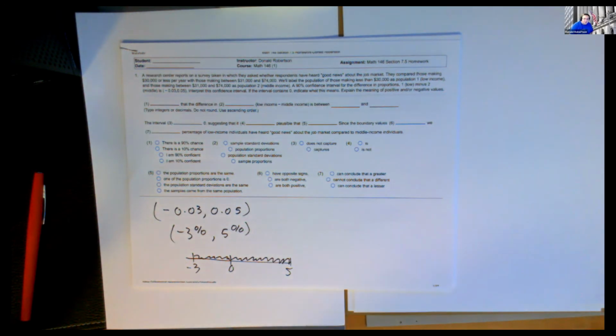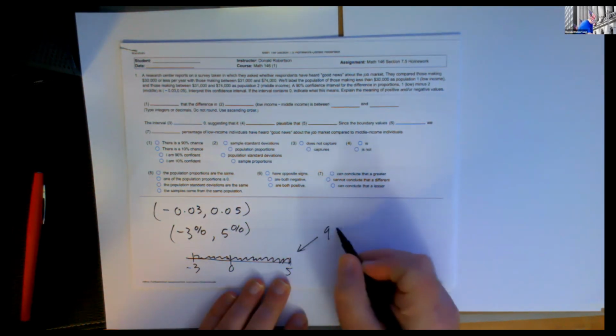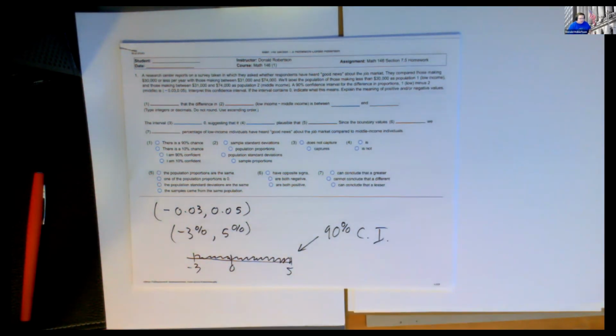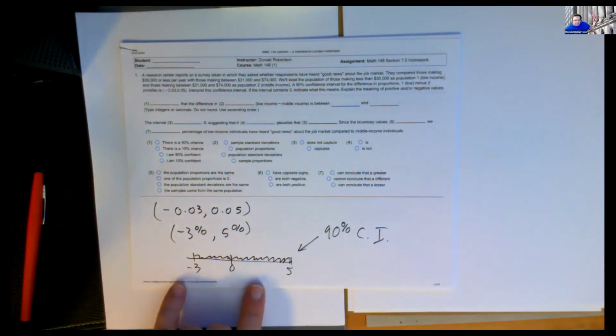They're talking about different choices about what a 90% confidence interval says. If I look at this interval and I know it's a 90% confidence interval, I am 90% confident that the true difference between the proportions is somewhere in this range.